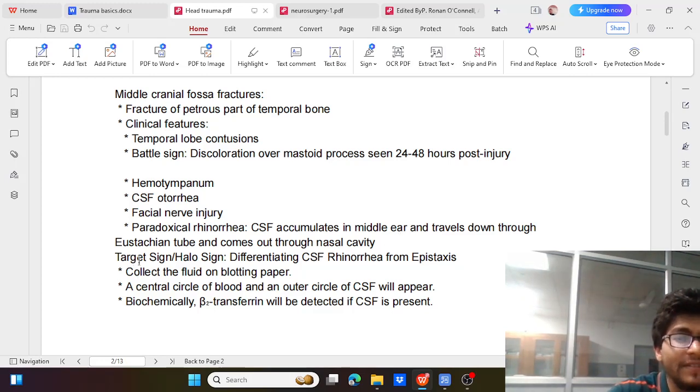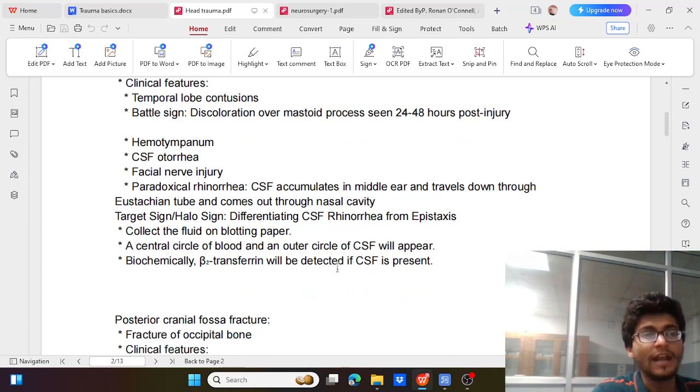Then if the patient has CSF rhinorrhea, how do we differentiate it from epistaxis? That is by the target or halo sign. Here we collect the discharge from the nose on blotting paper. If there is only one circle that is red, then it is blood.